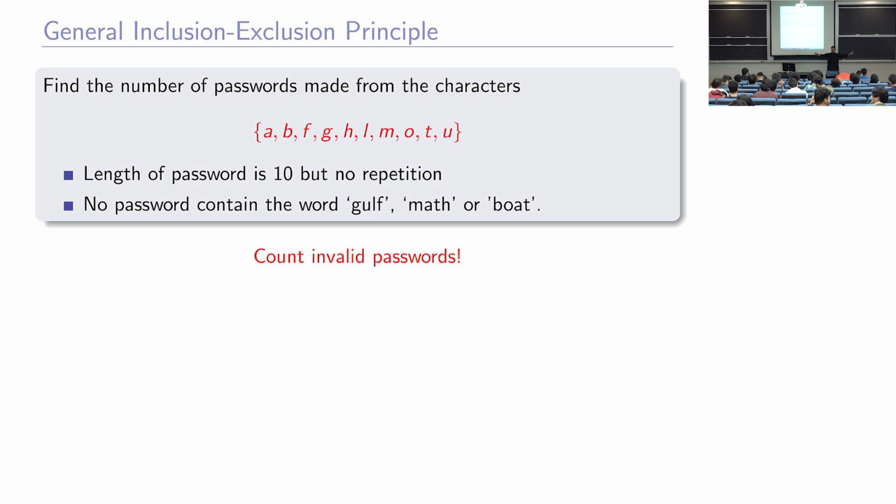I want passwords that must have gulf as four consecutive letters in this order, so I make the word gulf one super character. Now I have 7 characters: X, and then A, B, H, M, O, T.